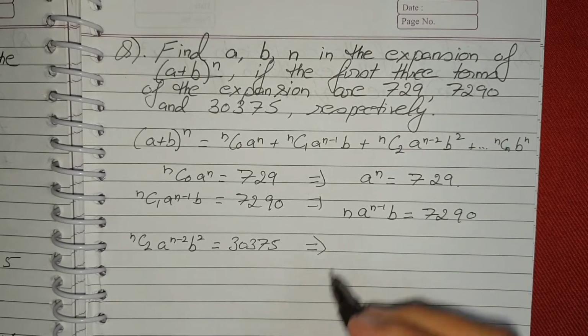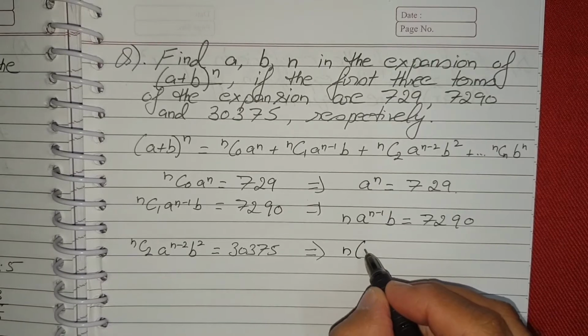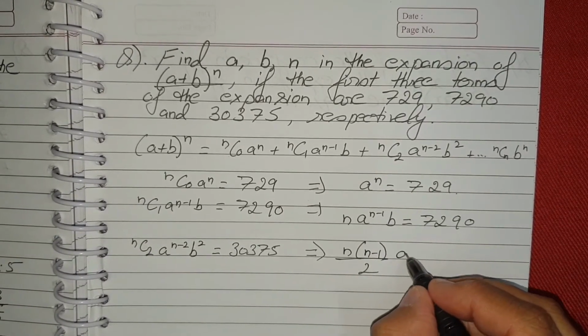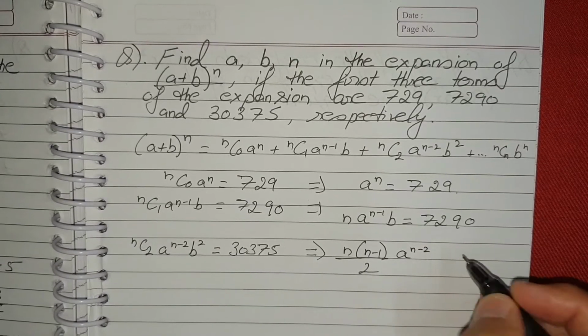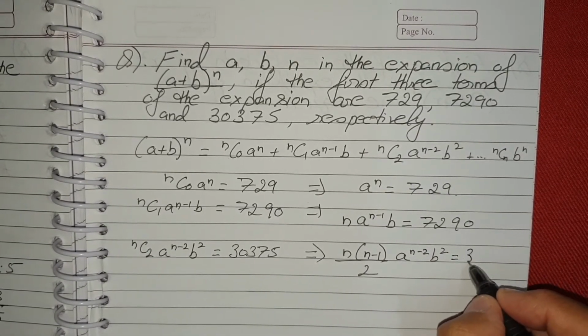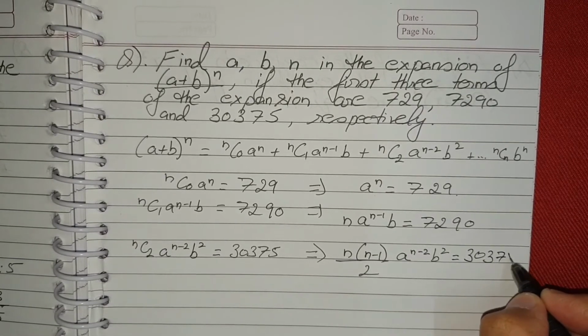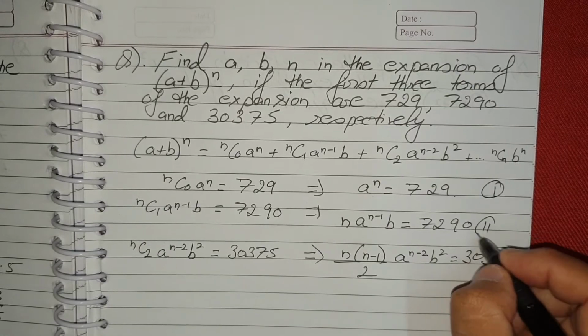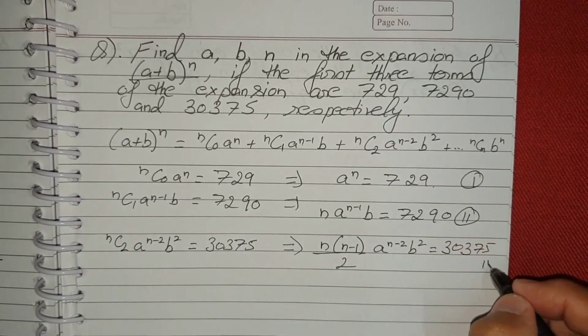So if you solve it, you get n into n minus 1 by 2 a to the power n minus 2 b square equals 30375. So this is equation 1, this is equation 2, and obviously this will be equation 3.